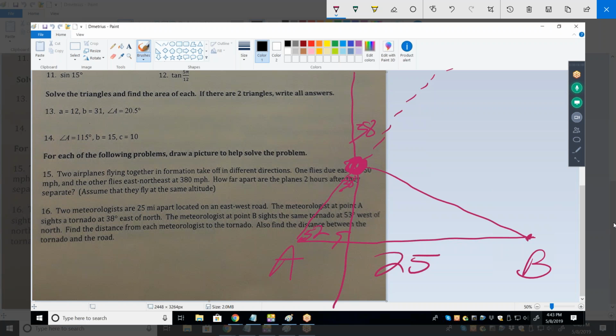And if I extend the line from B, I know that that is 53 degrees, which makes that 53 degrees, which makes that 37 degrees.